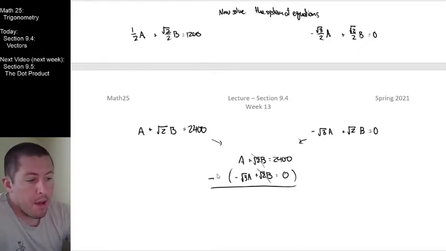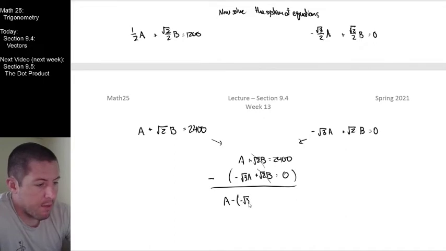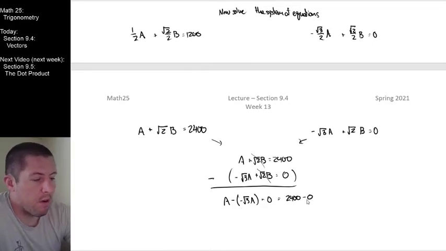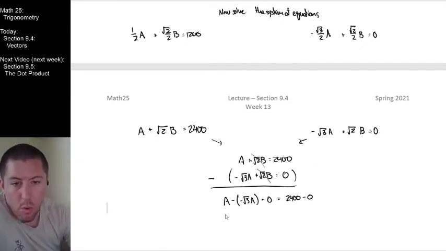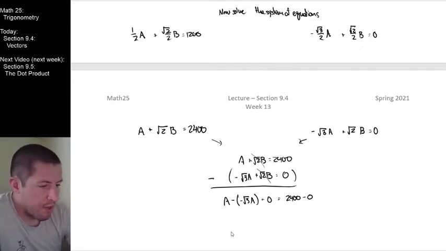Here I have a minus negative root 3A, plus 0 equals 2400 minus 0. So how many copies of A do we have? We have one copy of A, an additional root 3 copies of A, so 1 plus root 3 times A equals 2400.